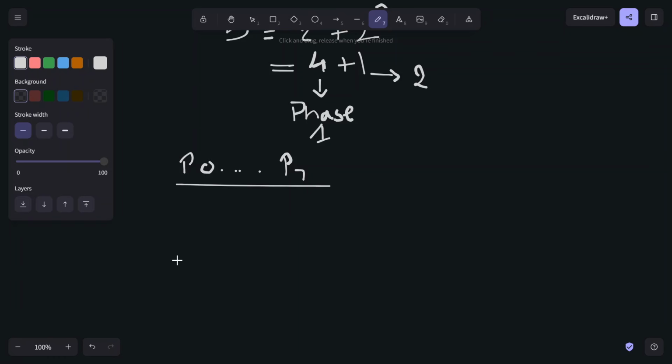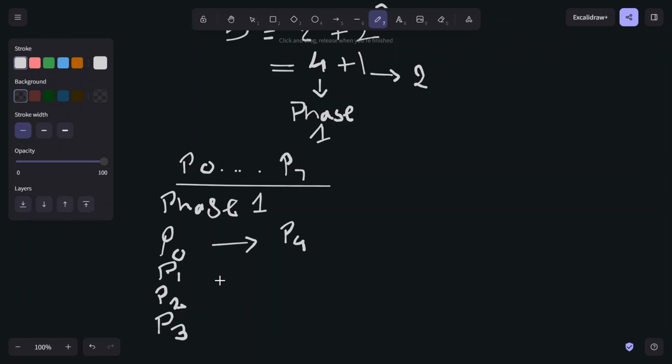In phase 1, the shift takes place by 4 places, so P0, P1, P2 and P3 move to P4, P5, P6 and P7.